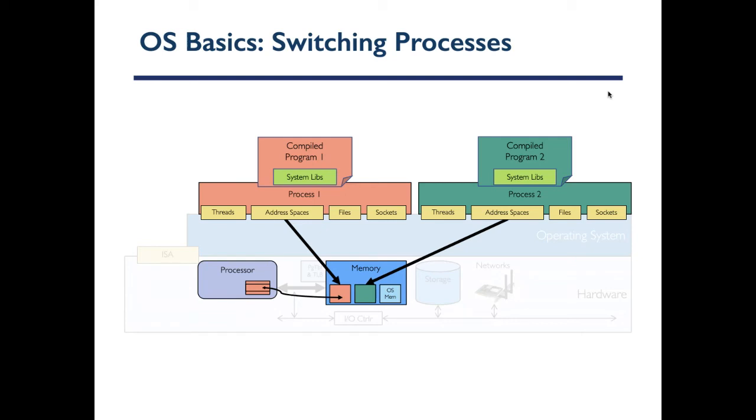So now we want to switch between the two. What we're going to do is we want the processor registers to have their values updated from the memory of process 2. Well, that's how we do it. We just make sure that everything inside the register file, the registers of the processor, come from the memory of this guy.